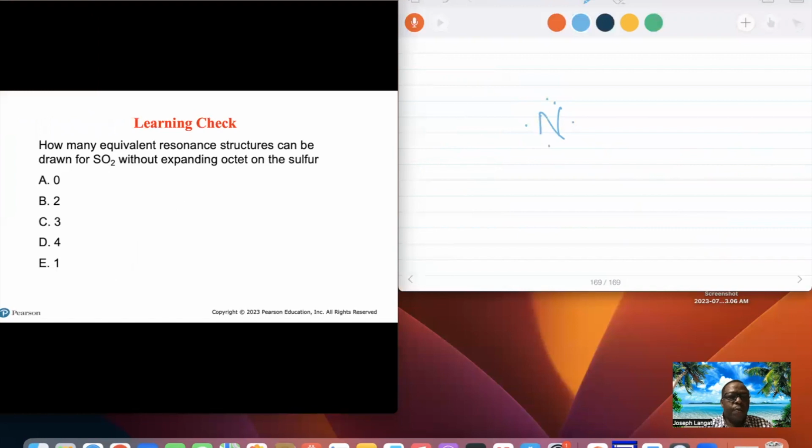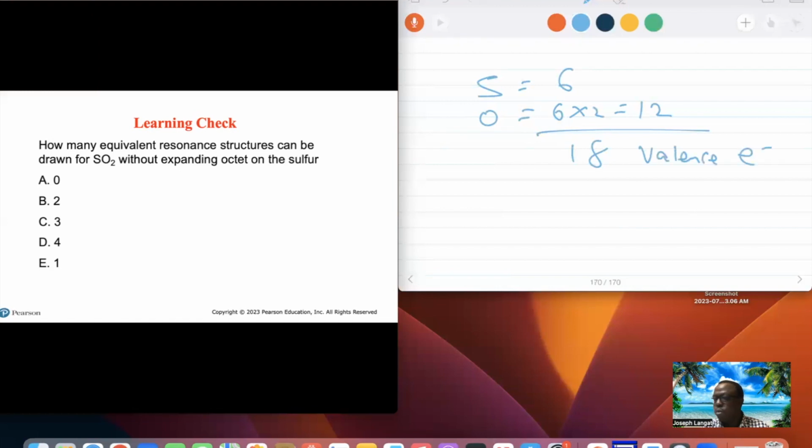How many equivalent resonance structures can be drawn for sulfur dioxide without expanding the octet on sulfur? Sulfur is in group 6, and oxygen is in group 6, times 2, which is 12. We have 18 valence electrons. Remember how to draw the Lewis structure?